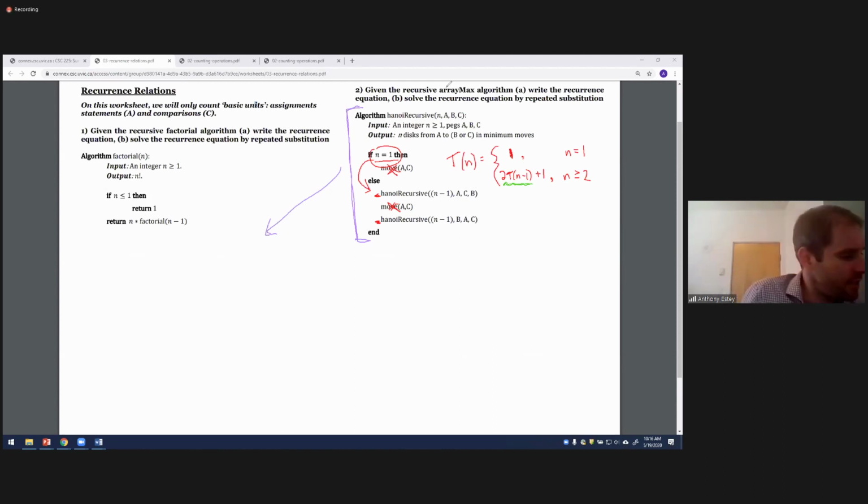So now we can say T of n is 2 times T of n minus 1, because we have to do 2 recursive calls with n minus 1, plus 1, because we always have to do that if condition first. If we think about what T of n minus 1 is equal to, it's going to be 2 T of n minus 2 plus 1.